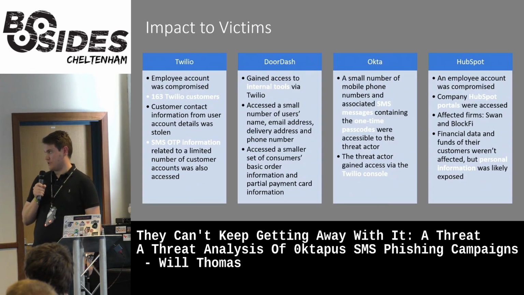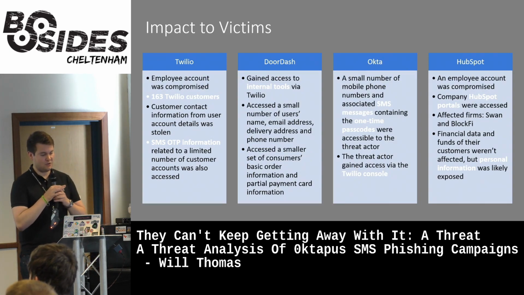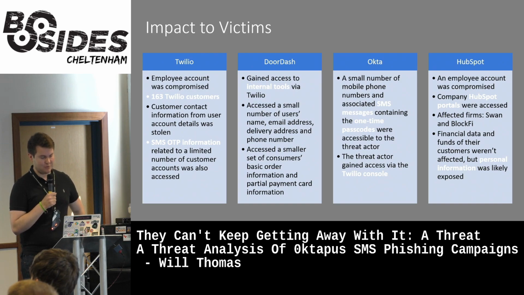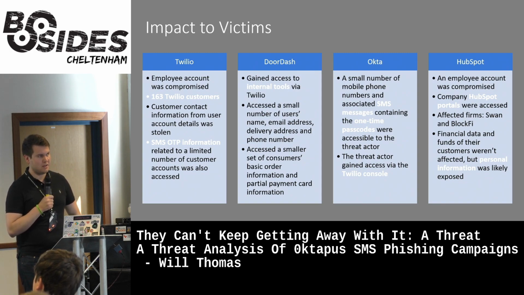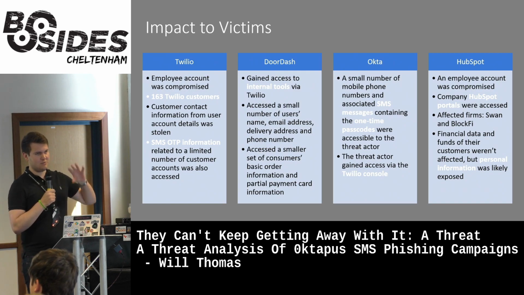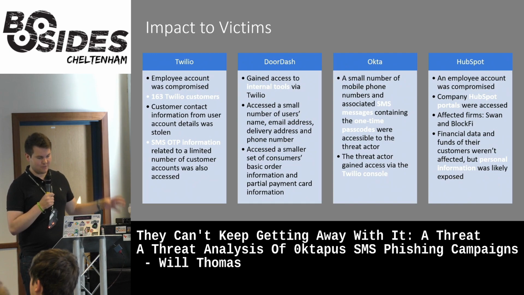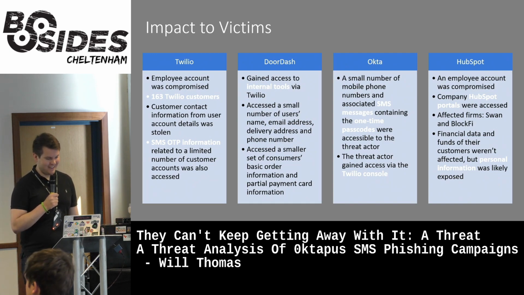So, impact of victims. What actually happened to the companies that these threat actors targeted? Twilio, probably one of the biggest, most infamous cases: about 163 Twilio customers were compromised. That doesn't mean end users with Twilio accounts. That's companies that use Twilio for SMS and one-time passcode authentication systems, like Okta.